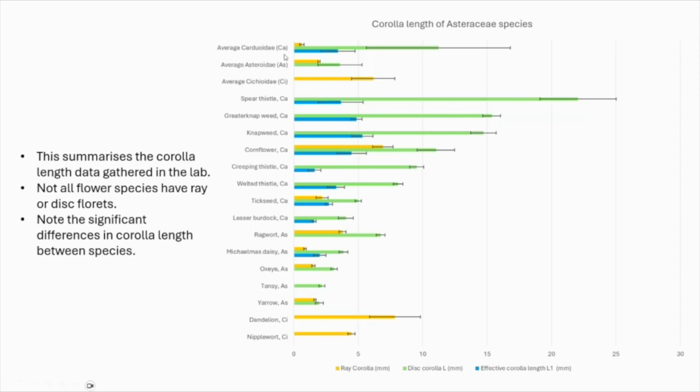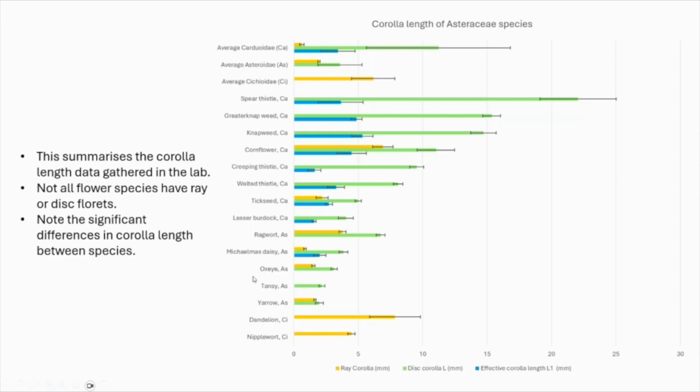Lovely. Now, this is the lab data. It's a lot. But if you look at it, you can see it's separated into CA, which are your thistles, mostly. True thistles only have disc florets. So some of them are kind of weird ones.